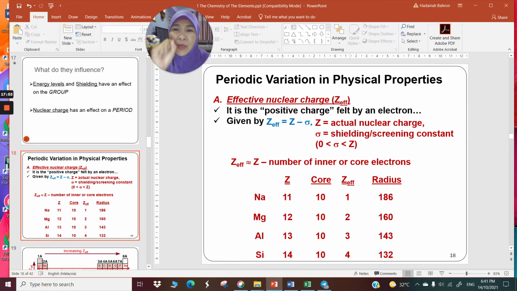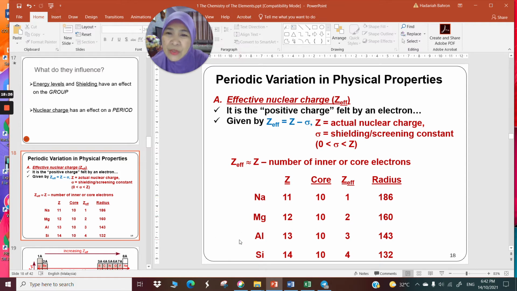So if you have 1 electron being pulled inside by the nucleus, that pull must obviously be smaller than 2. If you have, for example, 2 rubber bands pulling your electrons together, obviously it is stronger than 1 rubber band. So when you have Z effective of 1, the pull towards the nucleus is smaller compared to 2.